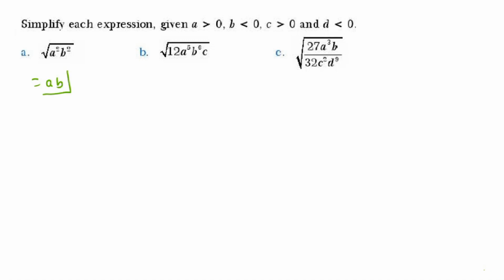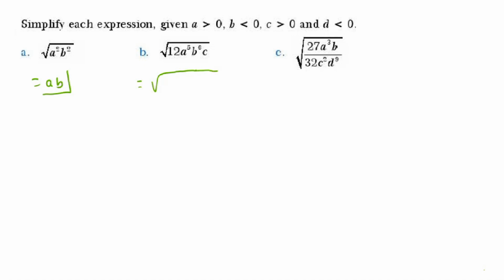All right. For letter B, we have the square root of 12 a to the fifth power, b to the sixth power, times c. Let's start with the numerical coefficient. 12 is not a perfect square, so we find the factors of 12 where one of the factors is a perfect square. What I'm going to do here, class, is group together the perfect nth root and the non-perfect root.